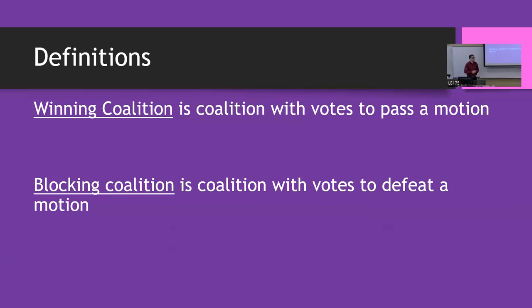Does that make sense? So a winning coalition is a group of voters who have enough votes to win, to pass the motion. A blocking coalition is a group of voters who have enough votes to defeat the motion. If they all vote fail, it doesn't go through.